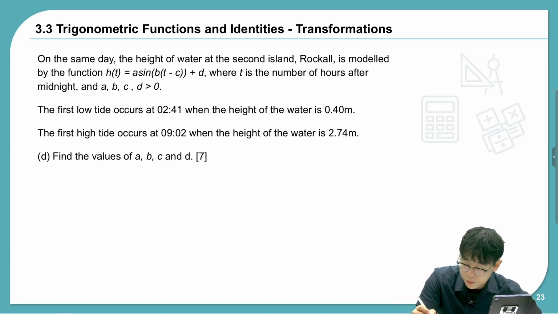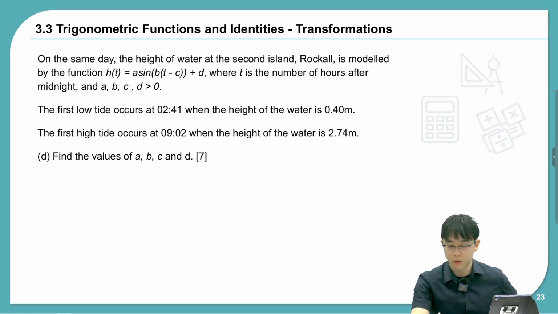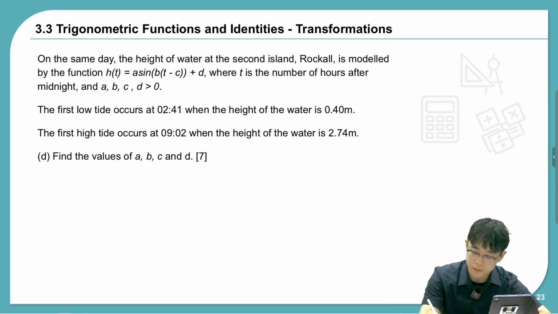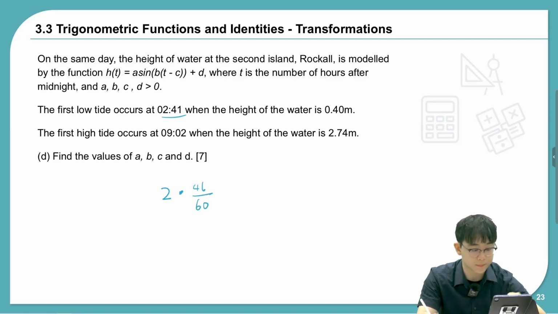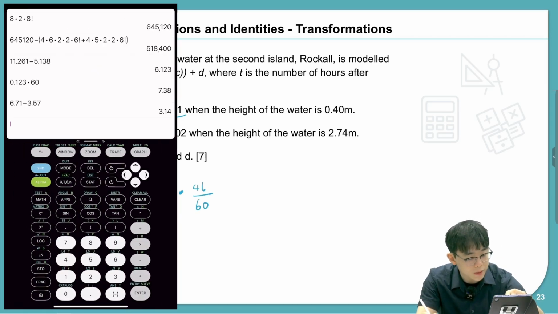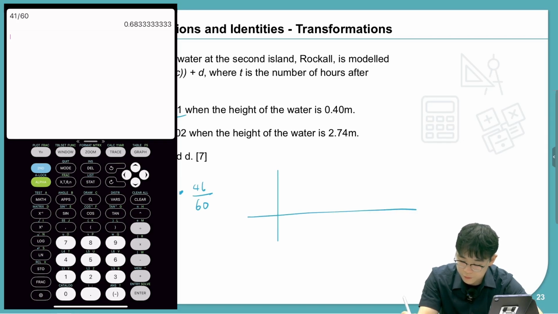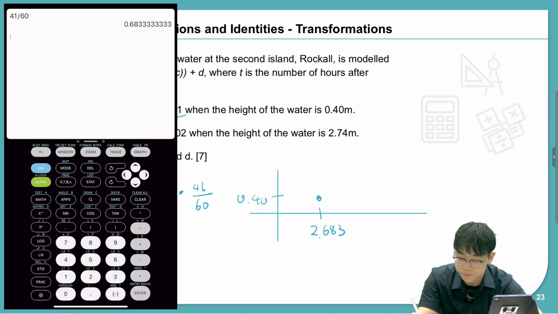So what we have here is that the first low tide occurs when t is 2:41. So we can say this is 2 and 41 over 60, so we'll just change this into hours. 41 over 60 is going to give me 0.683. So if I were to sketch out my graph, the first low tide would occur at 2.683, and the height of the water is said to be 0.40.